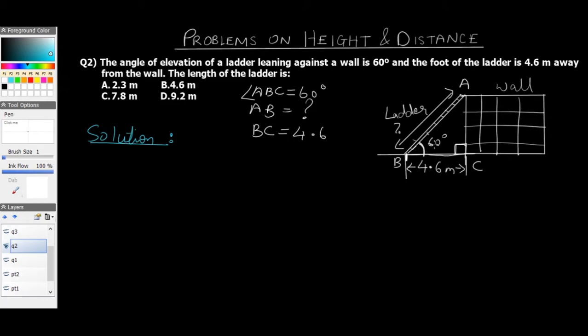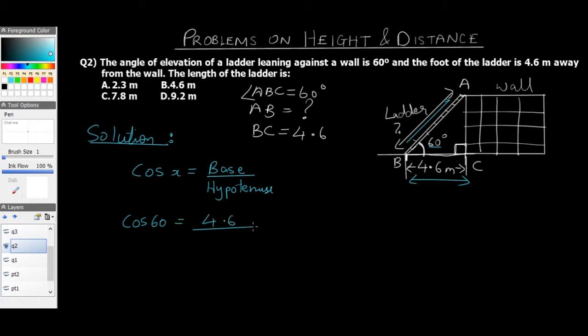So in this case, we can use the trigonometric value of cos or cosine, which is cos of x is equal to base upon hypotenuse. So in this case, this is going to be the hypotenuse and this is the base. The angle x is 60 degree. So we have cos of 60 is equal to base, which is 4.6 upon hypotenuse, which we need to find out, which is AB.